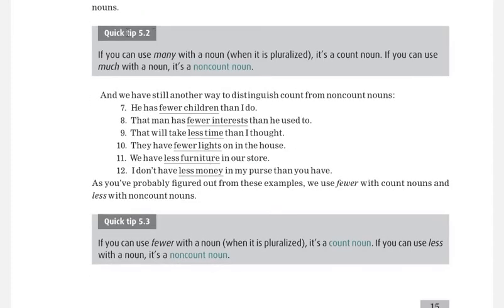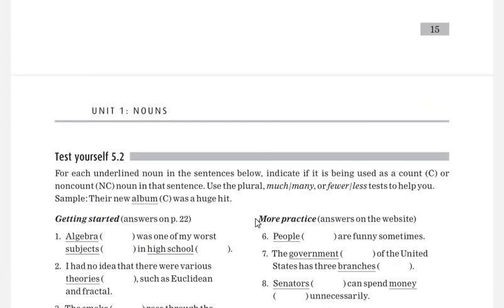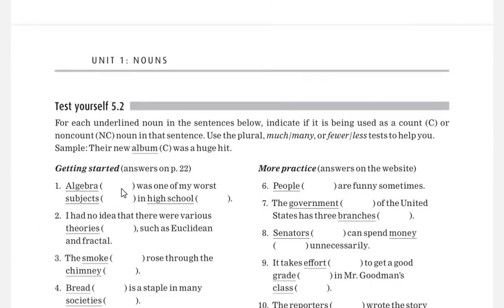Again, the same exercise is there. The tip is there, you can read it. Tip number 3: fewer is used with a count noun, and less is used with a non-count noun. This is the other example, and you can do the practice here. Like, the algebra dash was one of my worst subjects. Is subjects count or non-count?